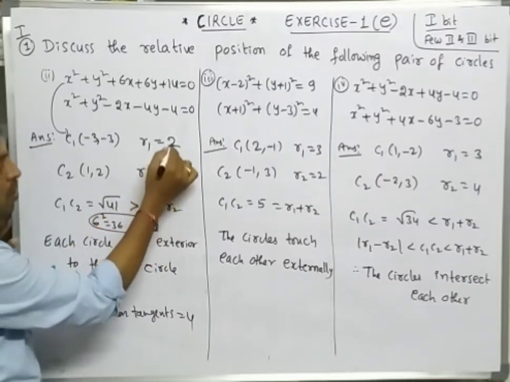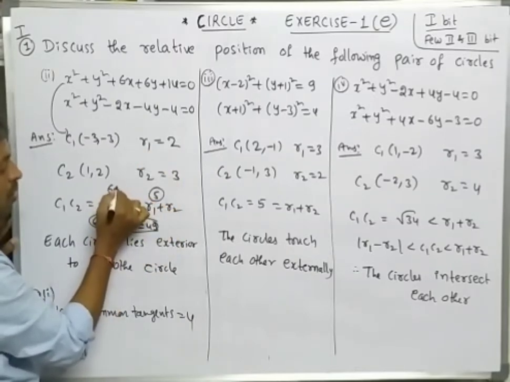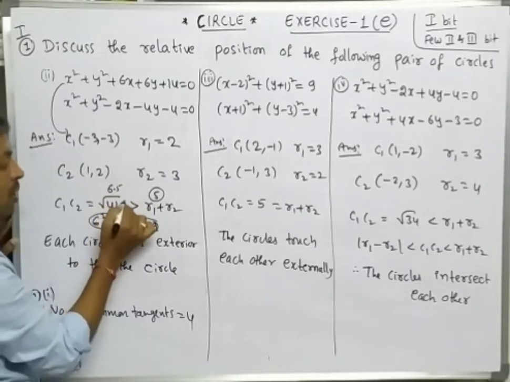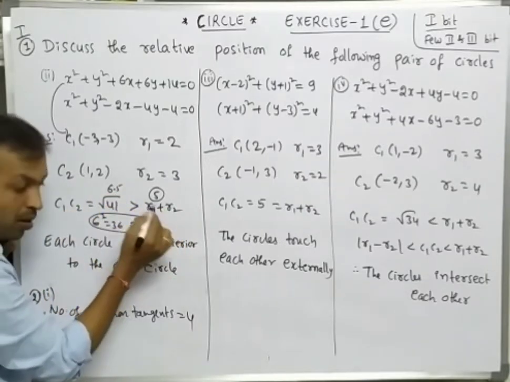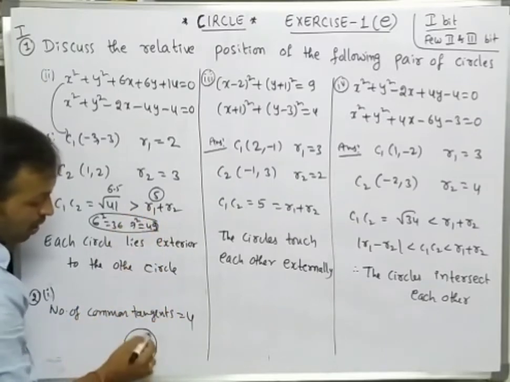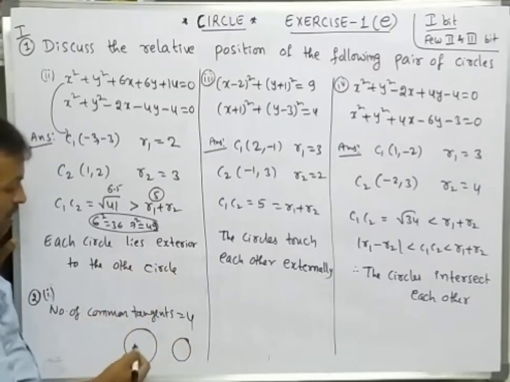R1 plus R2 is 3 plus 2, 5. So this is 5, this is 6 point something, greater than R1 plus R2. Therefore c1 c2 is greater than R1 plus R2. In this case, one circle is exterior to the other circle.